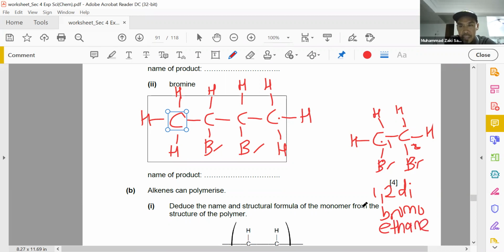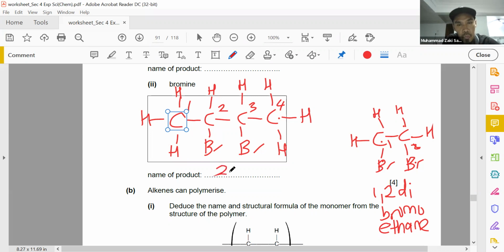Now, find the pattern. Try to transfer that pattern, learn that pattern, and apply that pattern to this one. So look at this. There's the bromine. Is it at 1, 2? Look at the carbon. It's carbon number 1, 2, 3, 4. In chemistry, there is a module or lesson just naming the chemicals. That one you will learn in A-level time. So here the bromine is at carbon 2, carbon 3.